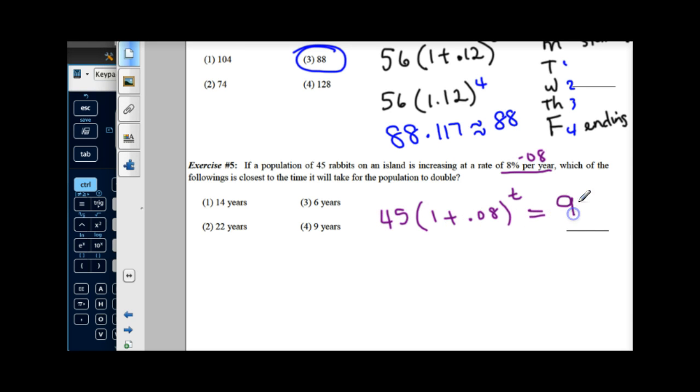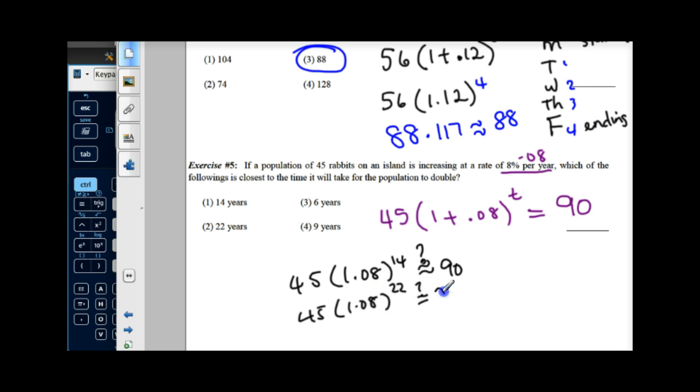This is 90. So now what you can do is plug in your answer. It's multiple choice. So the first one I would do is 45 times 1.08 to the 14th. Does that give you something like 90? Then 45 times 1.08 to 22. Is that equal to 90?